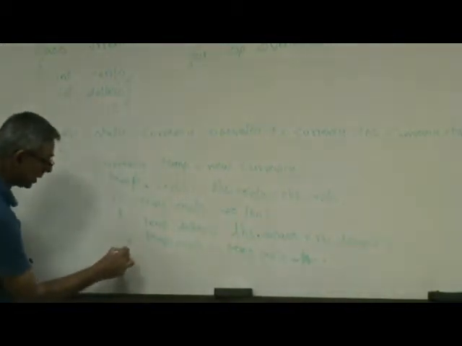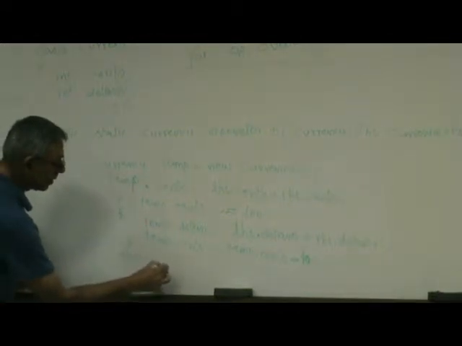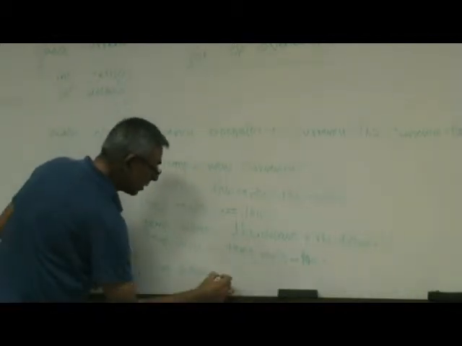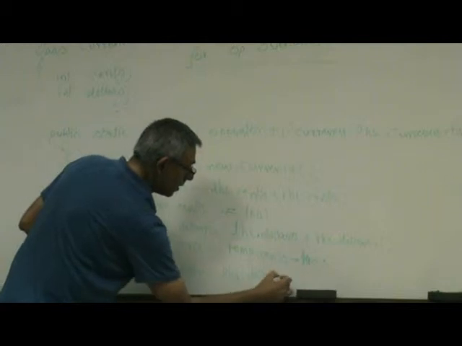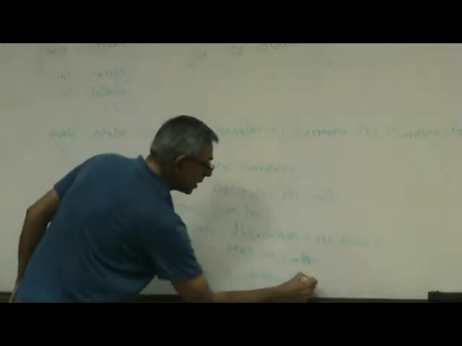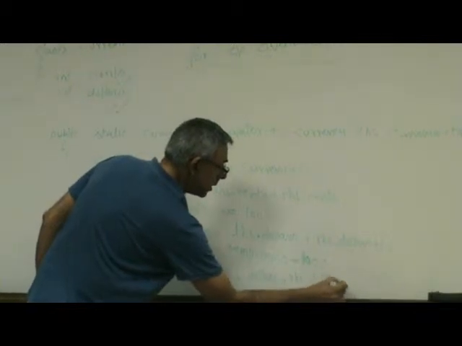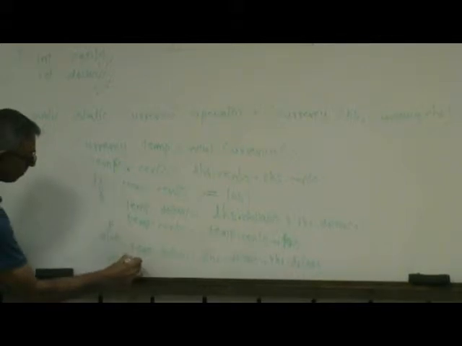Okay, else temp dot dollars equal to left hand side dot dollars plus right hand side dot dollars and return temp. So anyway, this is what your code will be.